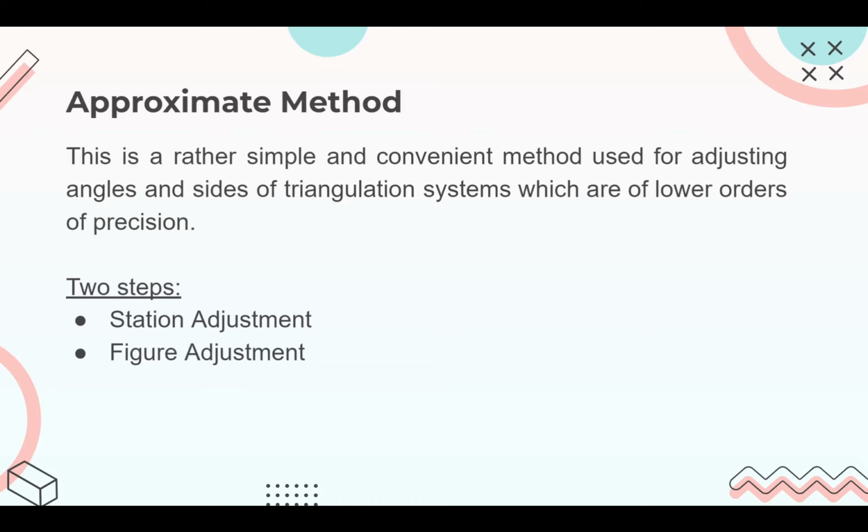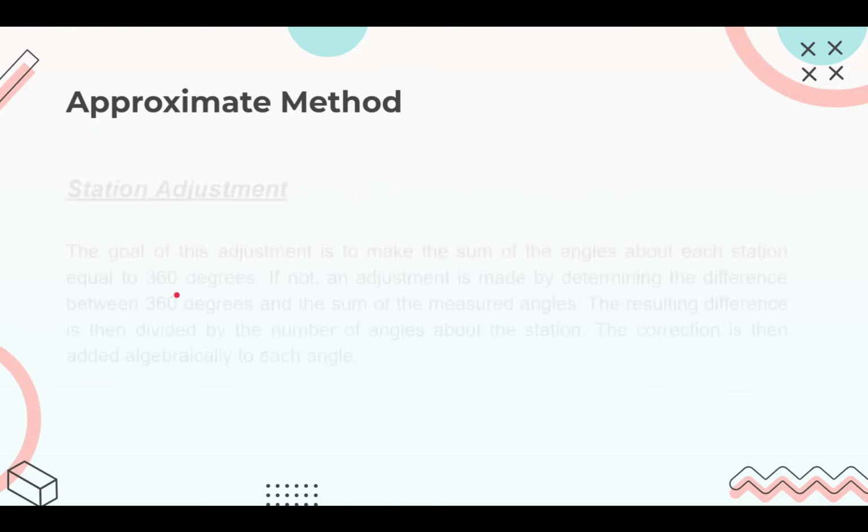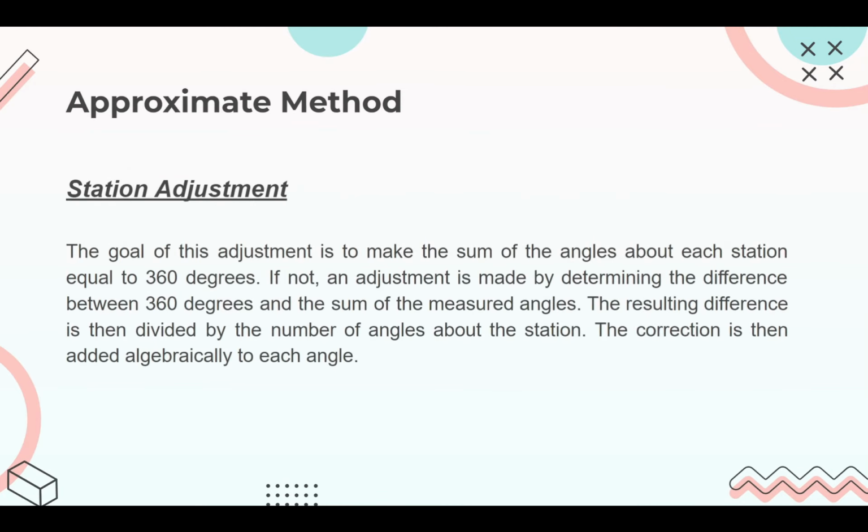There are two types in the adjustment of chain triangles, namely station adjustment and figure adjustment. So, station adjustment. The goal of this adjustment is to make the sum of the angles about each station, that is, the sum of the interior and exterior angles of that station, equal to 360 degrees.